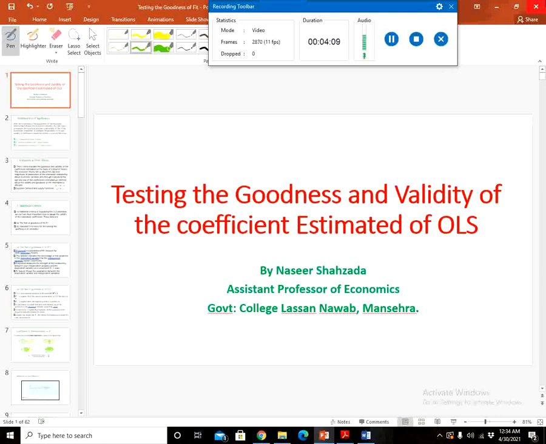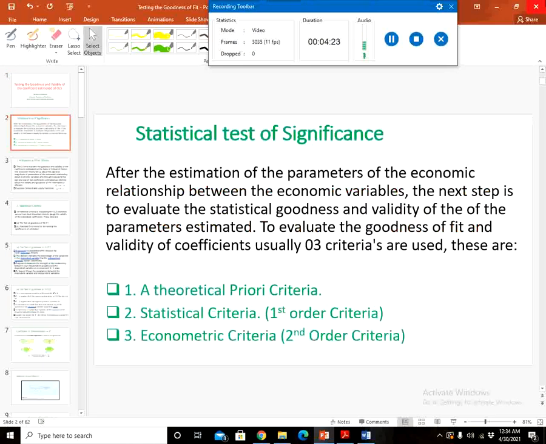So it is mandatory that after estimating the model we test the validity, reliability and goodness of the model. To test the reliability, goodness and significance of the model, we use 3 tests.